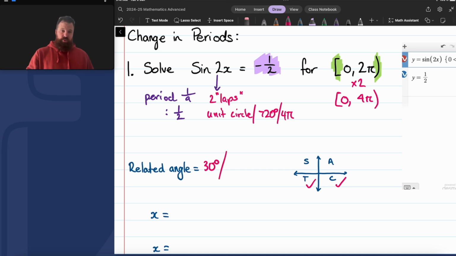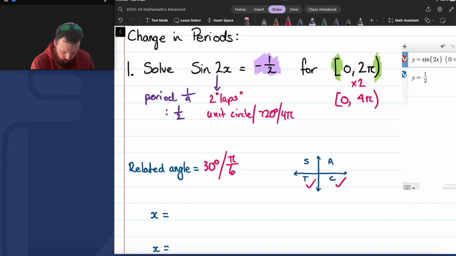But this question is talking in radians. So let's deal with radians because we're going to have to. And 30 degrees is pi on 6. Sweet. We've got our related angle. We know what quadrants it's in. We know that the third quadrant is 180 plus theta.